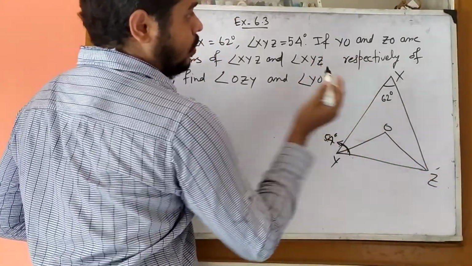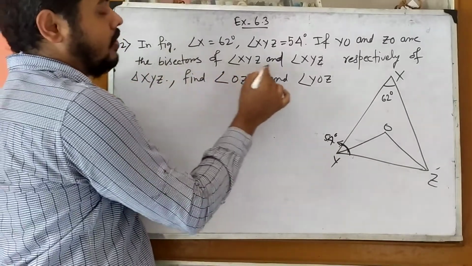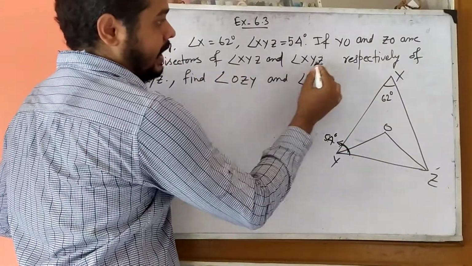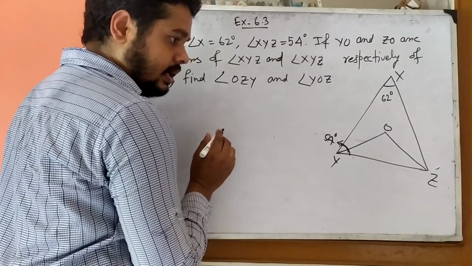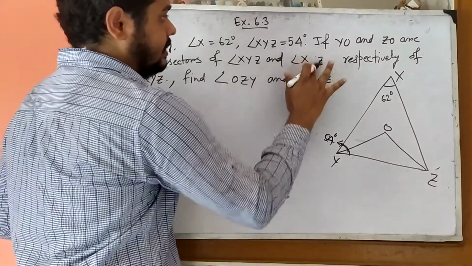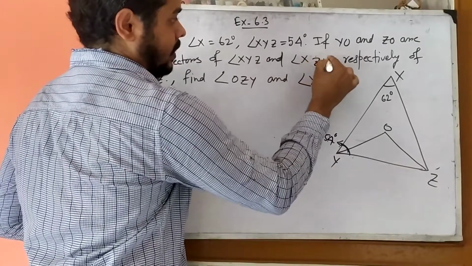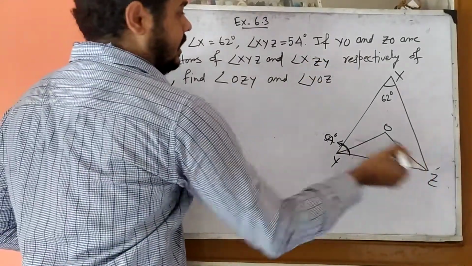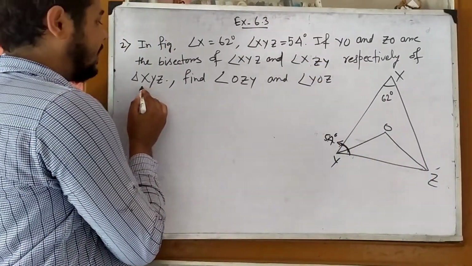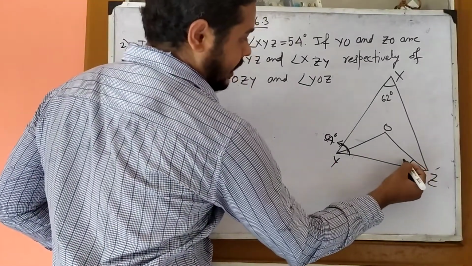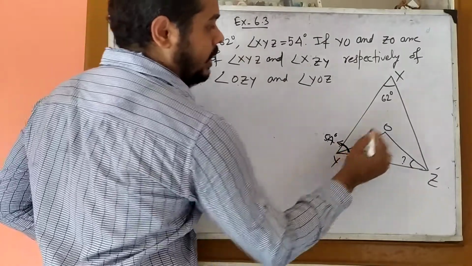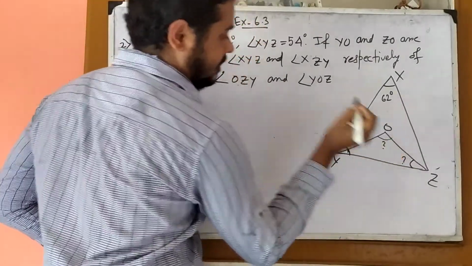YO and ZO are the bisectors of angle XYZ and angle XZY respectively. This angle and this angle. Find angle OZY. OZY means we have to find this angle, and YOZ means this angle.